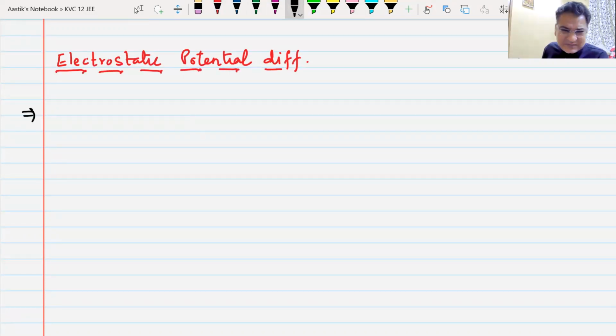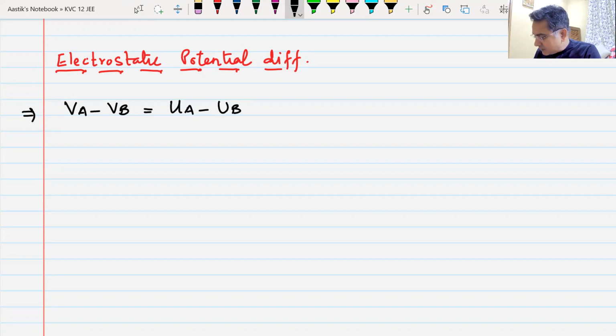It's written by the letter V. So VA minus VB, the difference in potentials between 2 points, is simply UA minus UB divided by the charge. If I move a positive charge from point A to point B, there will be a change in electrostatic potential energy.